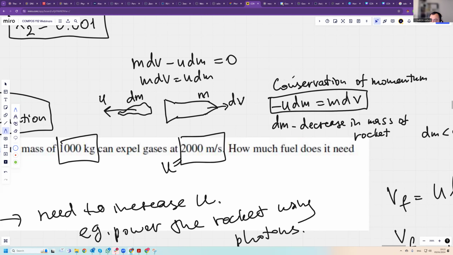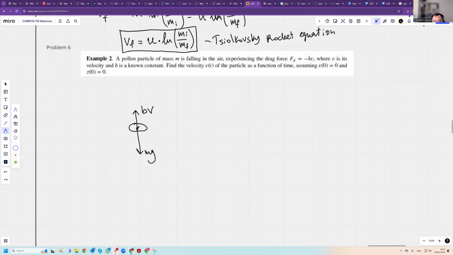First of all, what are the units? Okay, never mind. That's fine. So it's accelerating downwards, writing in Newton's second law: mass times acceleration of the particle is equal to mg minus bv.